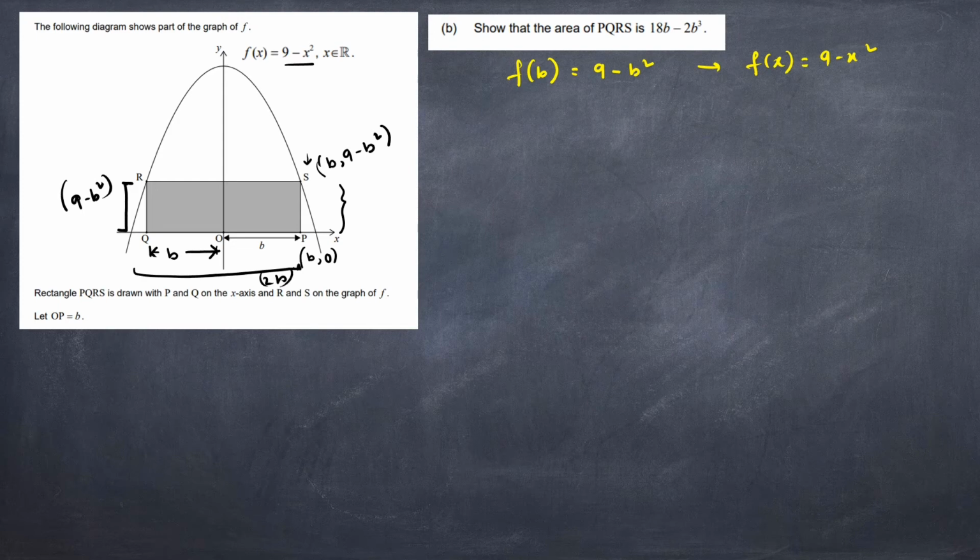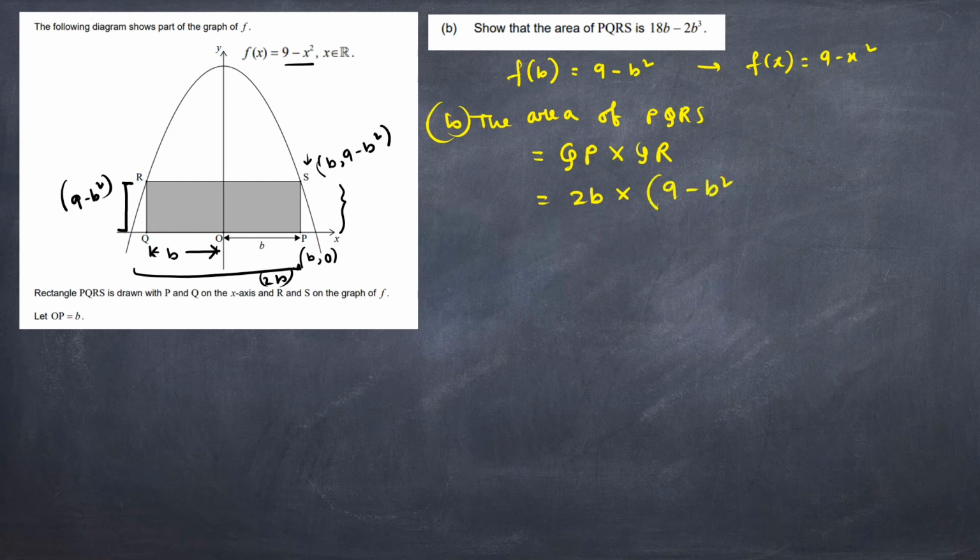So now we will find the area. The area of PQRS equals QP into QR. We can just multiply these two. QP from here to here, as you can see, is 2B, into QR, which we found is 9 minus B squared.